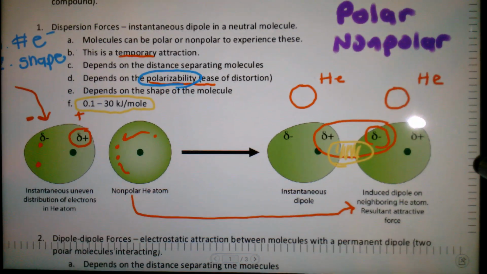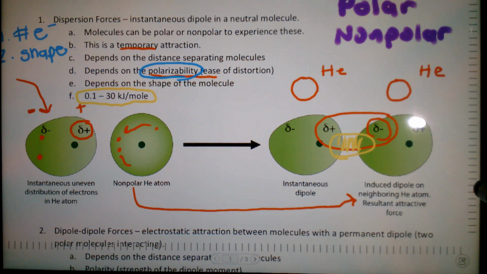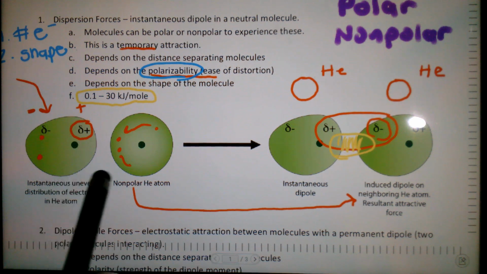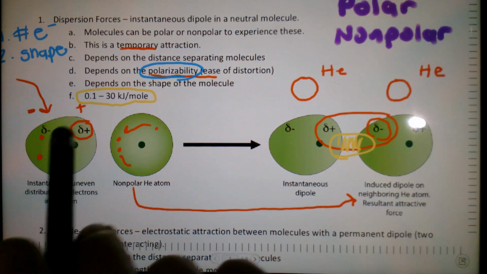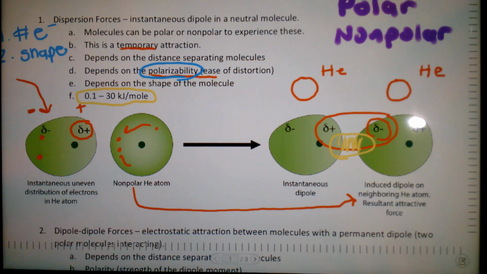So we're talking about something far weaker than what we saw. On the lower end would be something like helium, something nonpolar with not very many electrons. On the upper end, you would have something with lots more electrons and that's easier to polarize, so maybe a better shape.